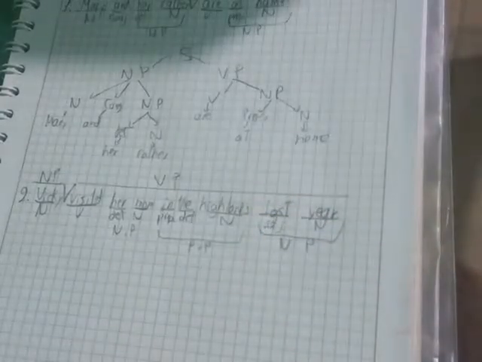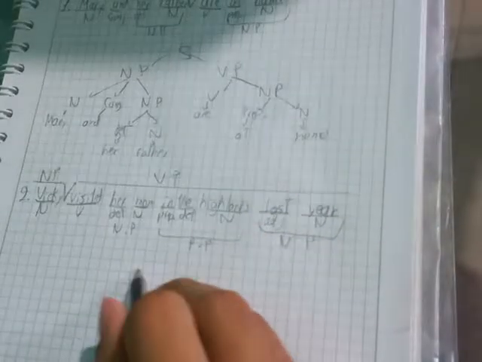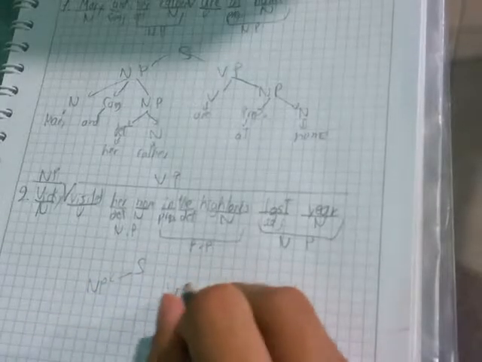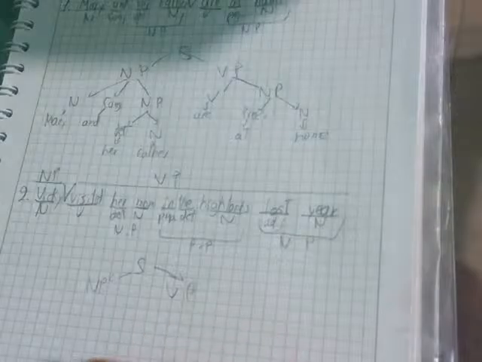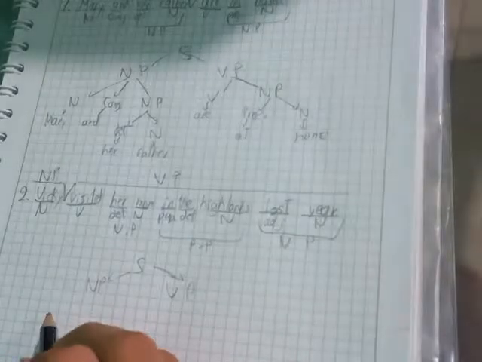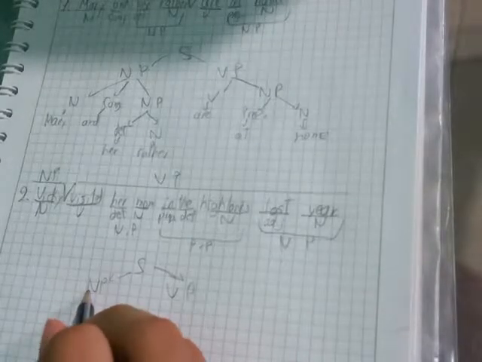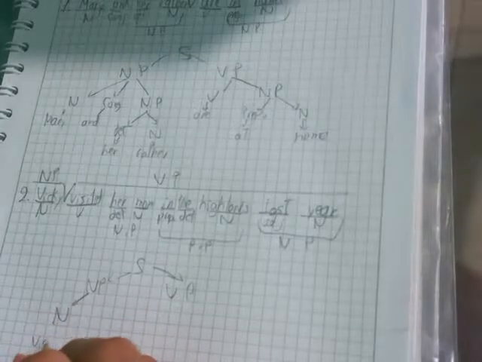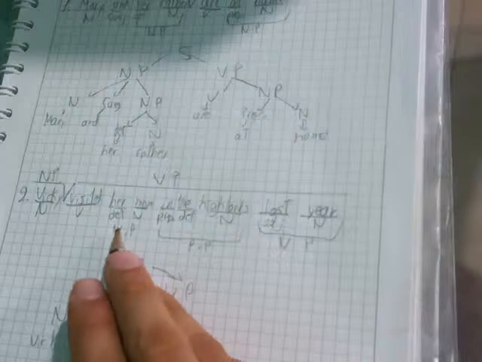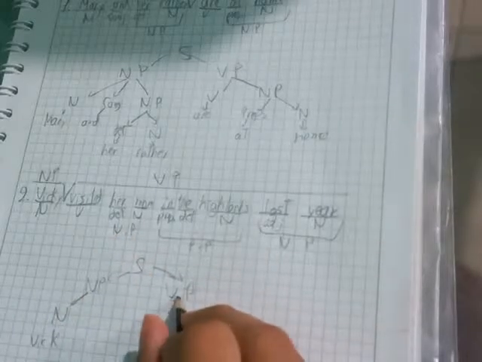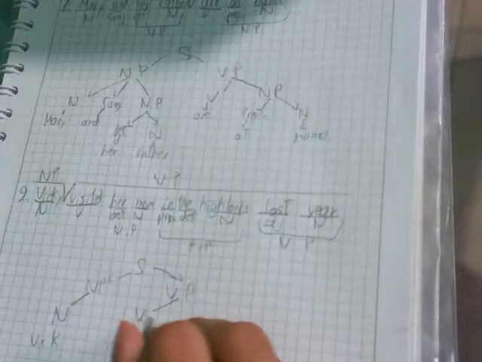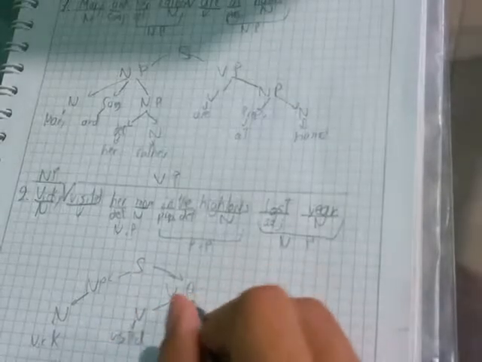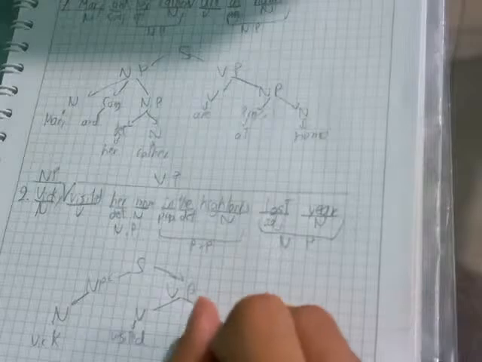Then let's diagram the sentence, the noun phrase, and the verb phrase. The noun phrase will be a noun. It could be only the noun that is big. Same here, we have a three-part thing. We divide here the verb that is beside it, and then let's divide another three parts in another verb phrase.